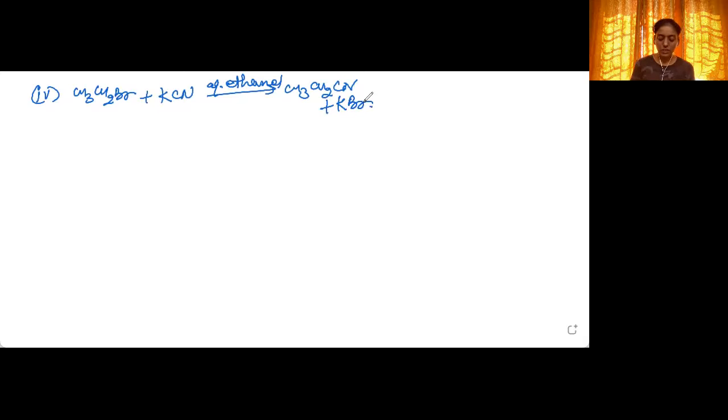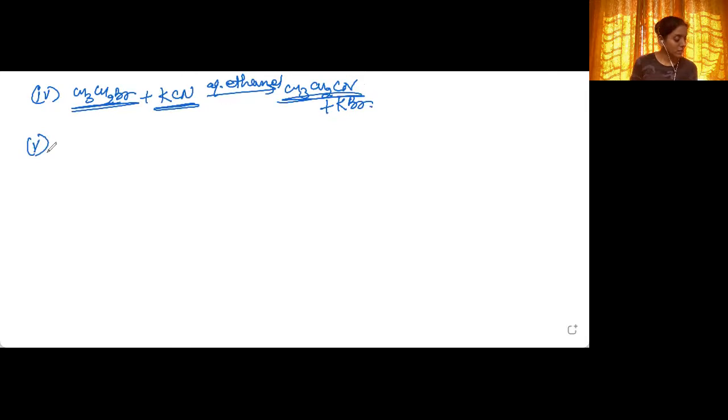This reaction is very important because it is used for ascending the series. When we need to add one extra carbon to the parent carbon chain, we convert that compound into cyanide. Just like here, there are 2 carbon atoms in the chain, but in the product there are 3 carbon atoms. So this is an important point to be noted.